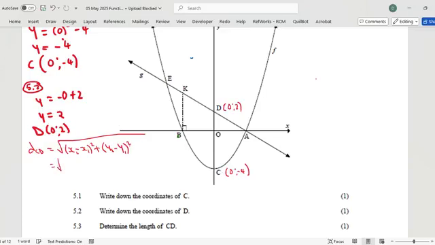Sir, is it not wrong if I say xD minus xC squared plus yD minus yC?